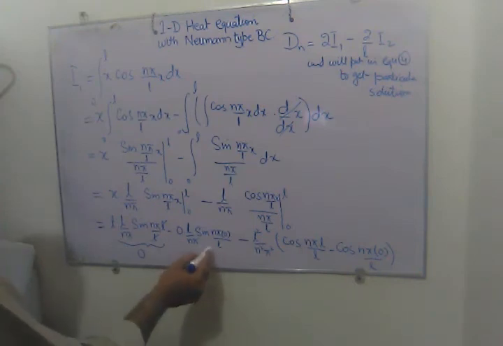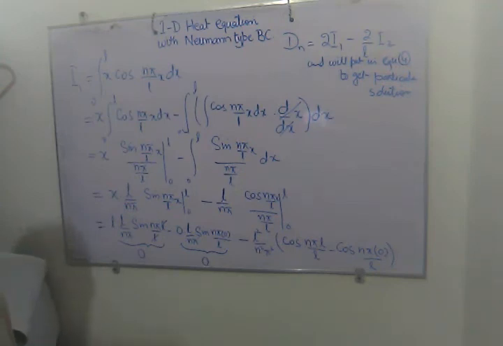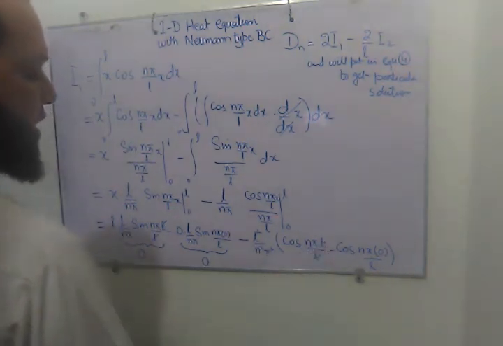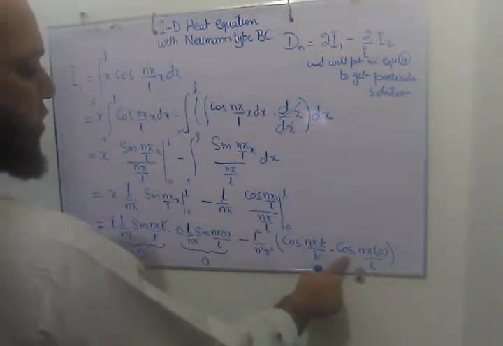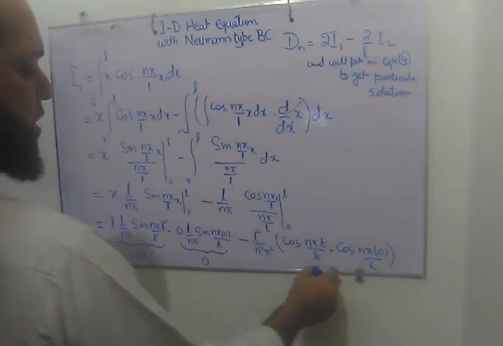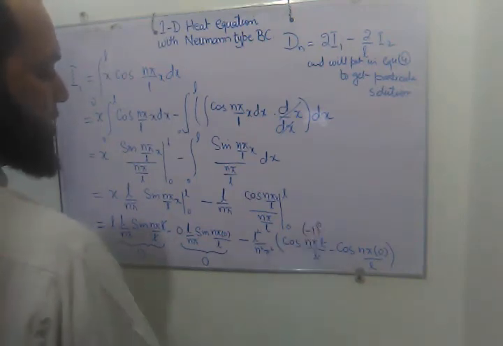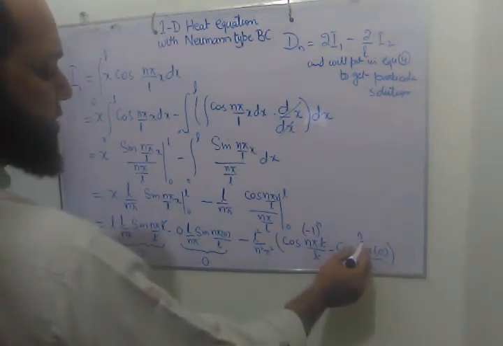This one, because multiplying by 0 or sine 0 is 0, the whole term is again 0. Here when we cancel out, we remain with cos n pi, and here we have cos 0. So cos n pi can be written as minus 1 raised to the power n. Cos 0 would be written as 1 only.